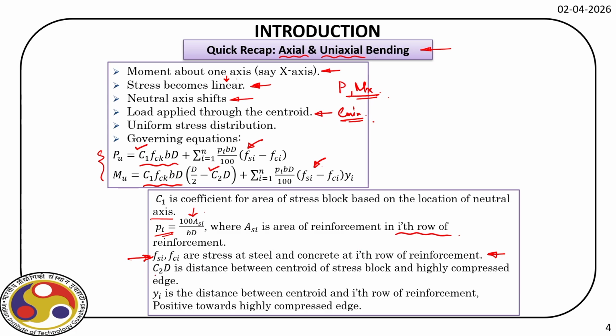And C2D, if you recall, is the distance between the centroid of the stress block and the highly compressed edge. Yi is the distance of the ith row, and it is positive towards the compressed edge, right? So that's how we design the case of axial loading and uniaxial bending.